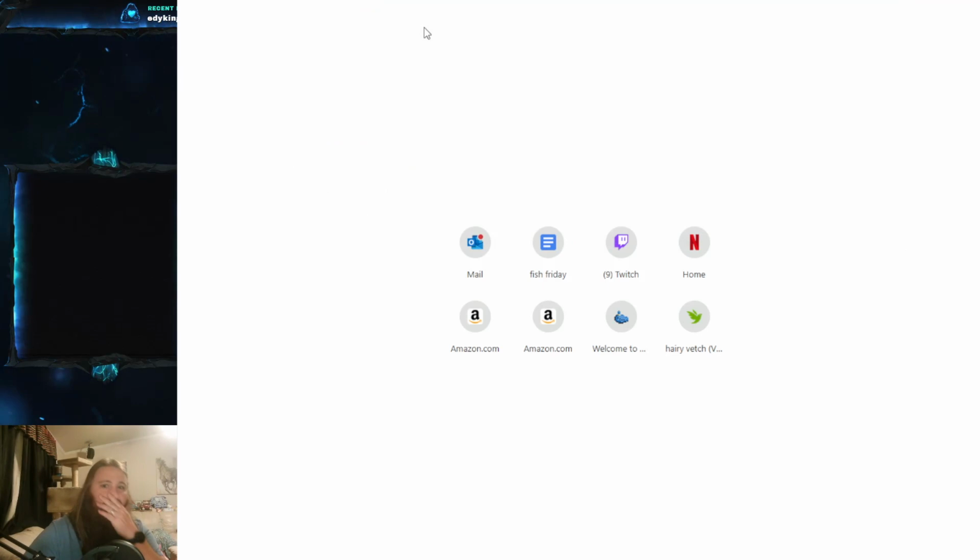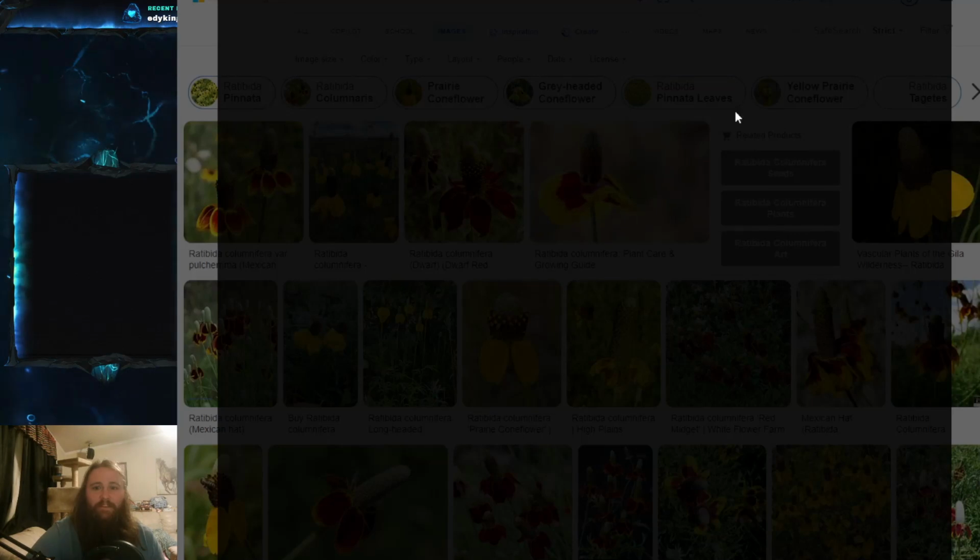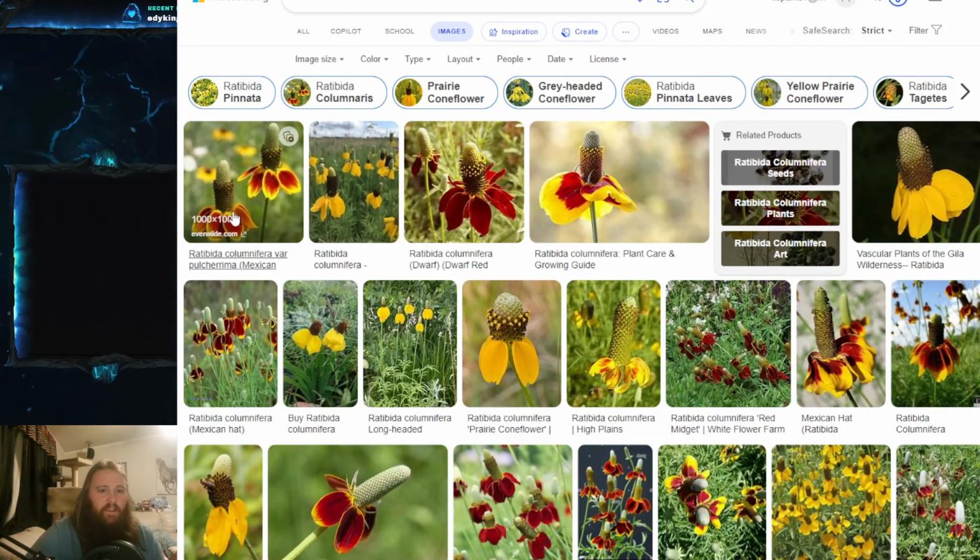And I wanted to show this to talk about how the scientific name is descriptive. Look at this. Columnifera. Columna, fera, flower, column flower.